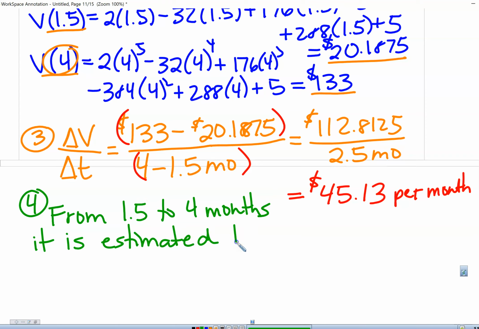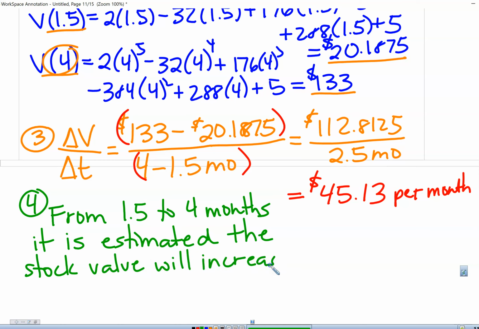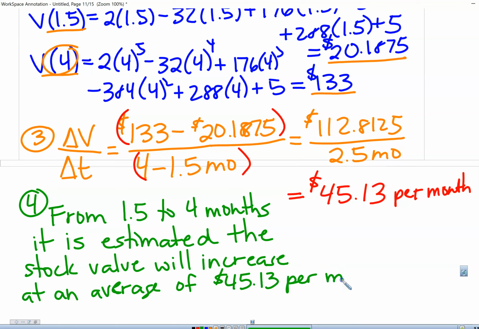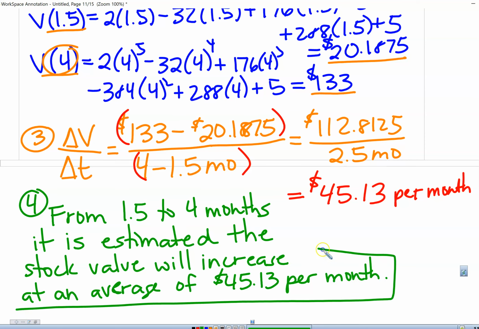So it is estimated the stock value will change, or you could even say increase in this case because it is a positive value, at an average. Never forget the word average in your conclusions in these problems. At an average of $45.13 per month. Not overall, but per month, like so.